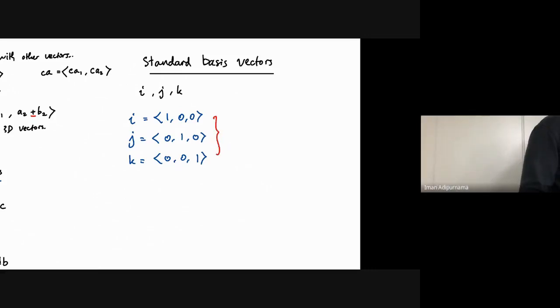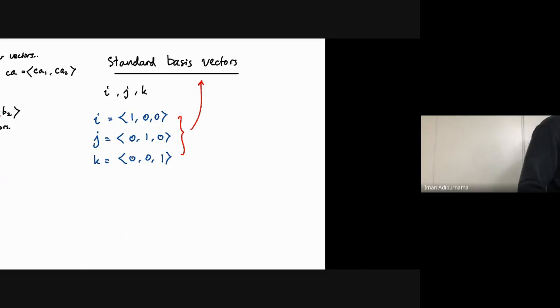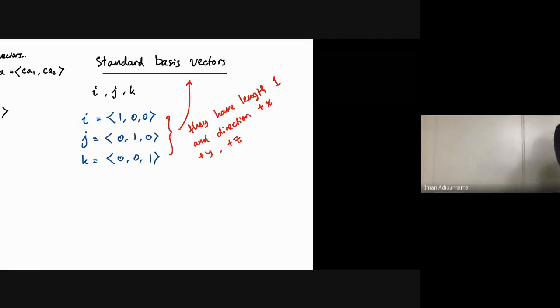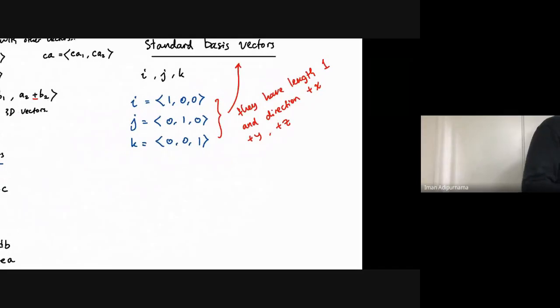This is called the standard basis vectors. They have length 1, and direction positive x, positive y, or positive z in 3 dimensions. In 2 dimensions, only i and j.